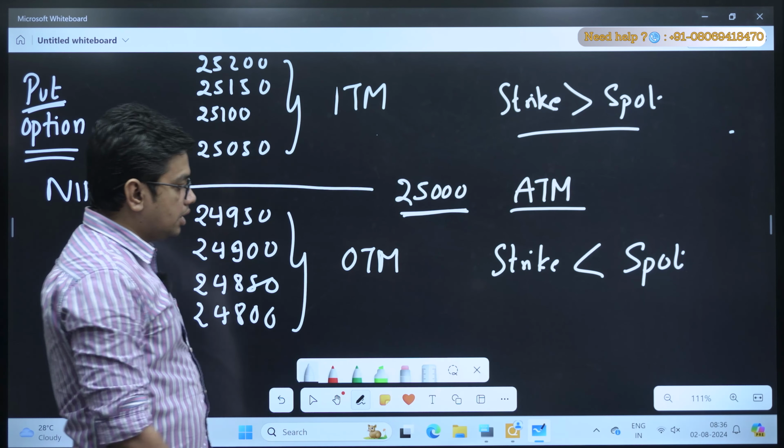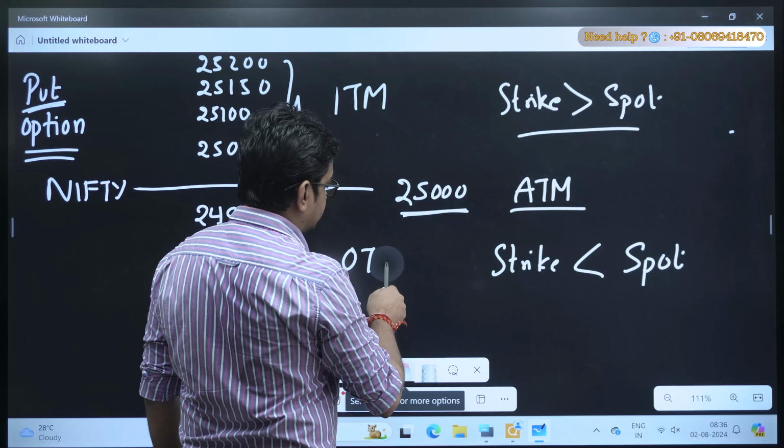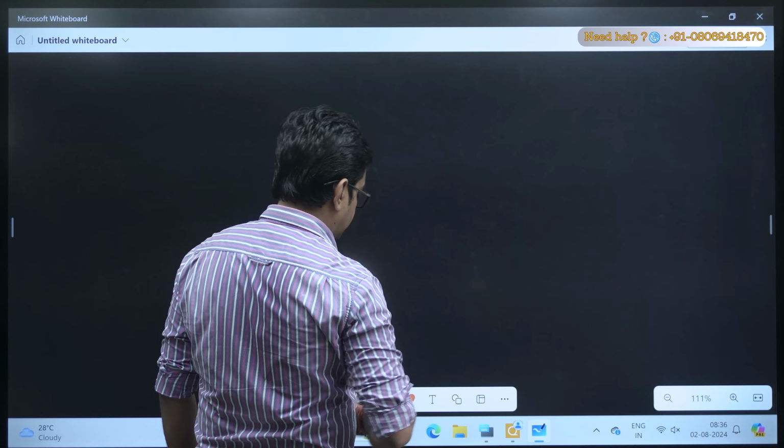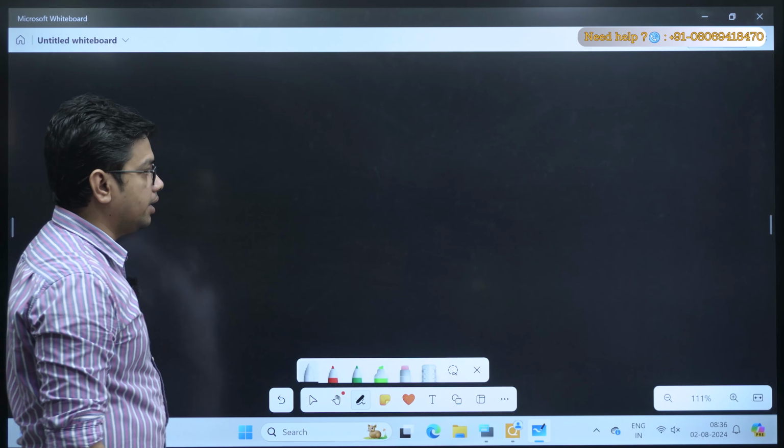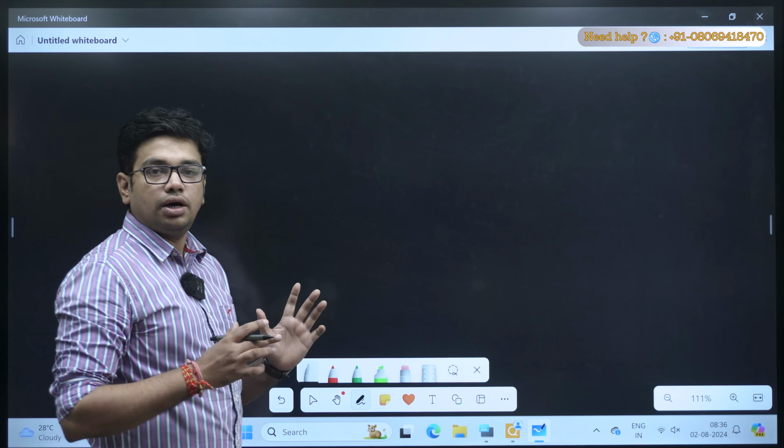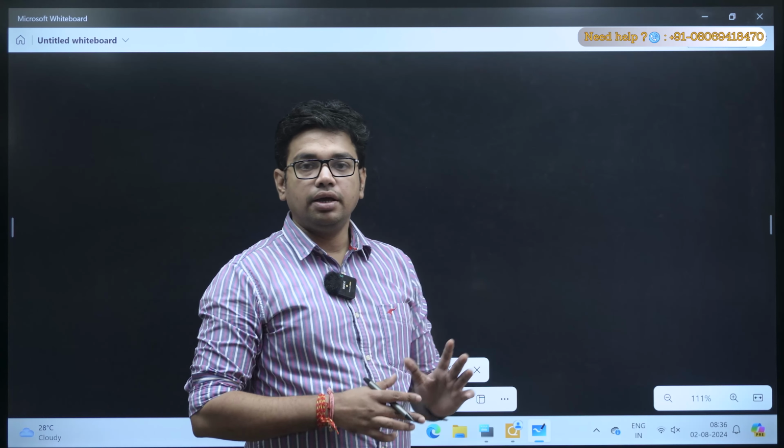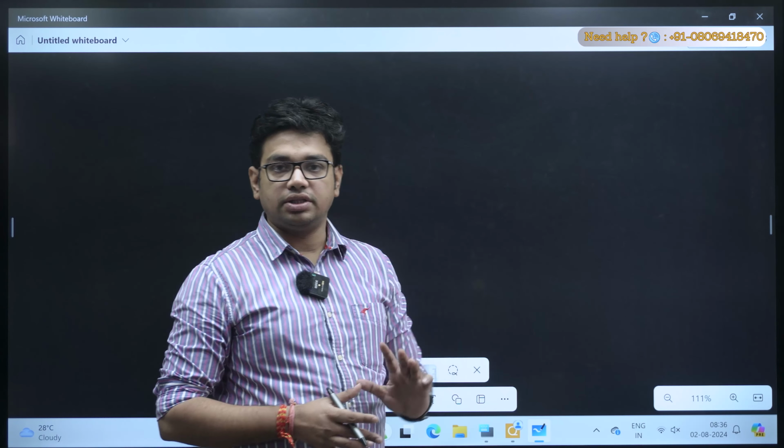Now let us discuss what the differences between these options are. We will discuss mostly OTM and ITM, but I will tell you everything about all three options.